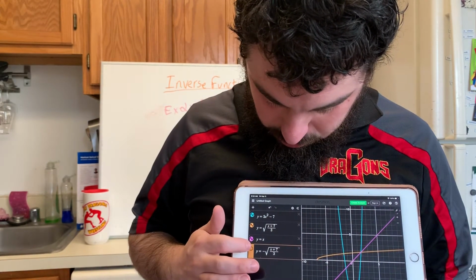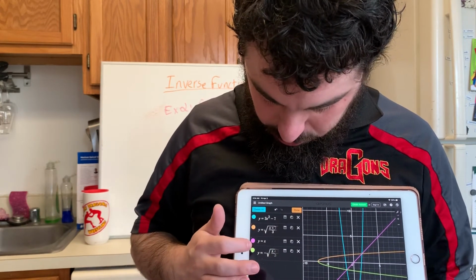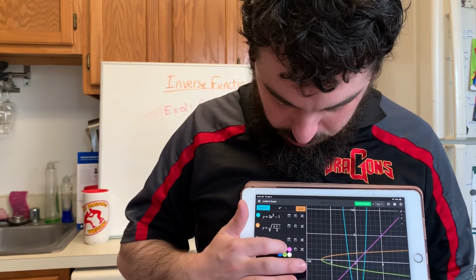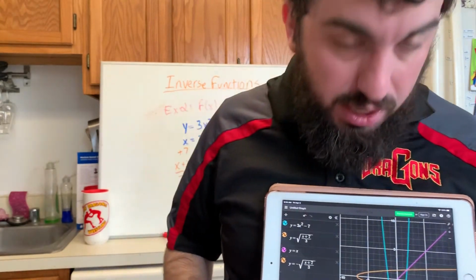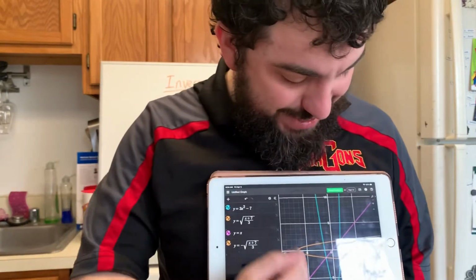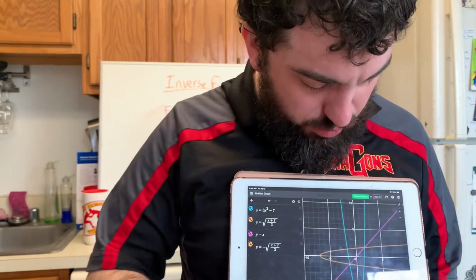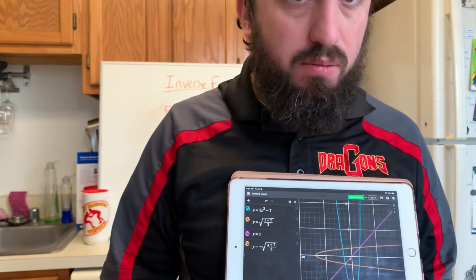So settings, I'll make that all one color. There we go. So if we look at this, the teal U shape and the orange U shape again appear to be reflected over this line y equals x in purple.